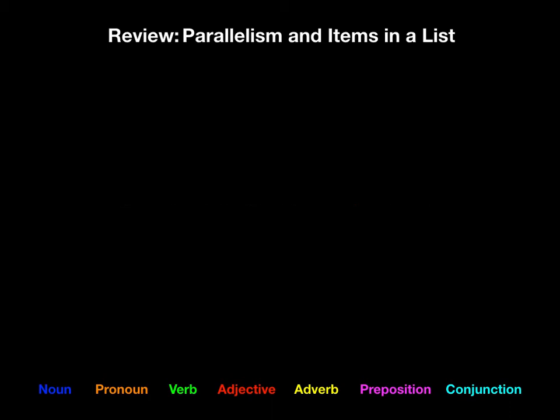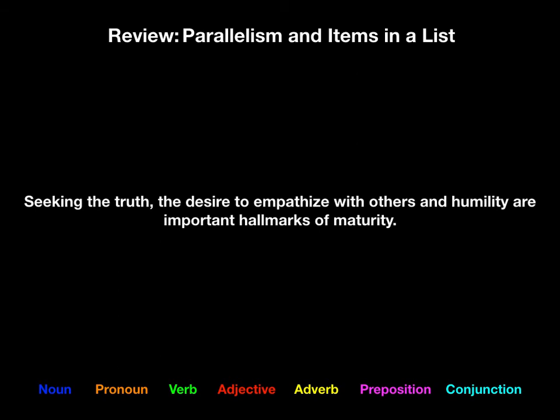Let's look at one additional example. Seeking the truth, the desire to empathize with others, and humility are important hallmarks of maturity. See if you can identify any errors within this sentence. We should note the coordinating conjunction and, indicating that we need to pay attention to parallelism.